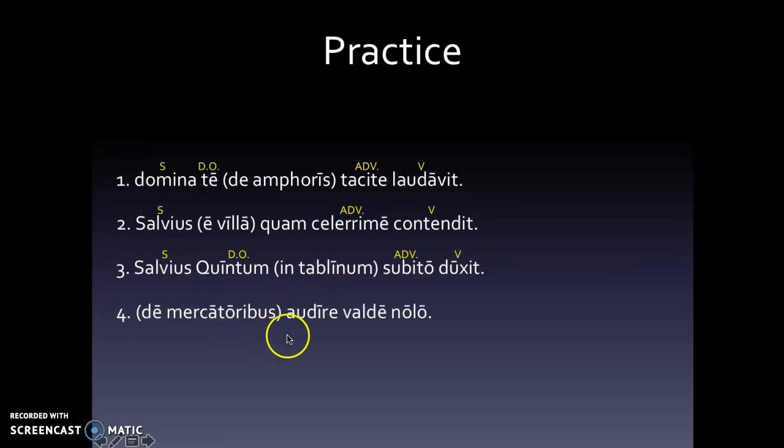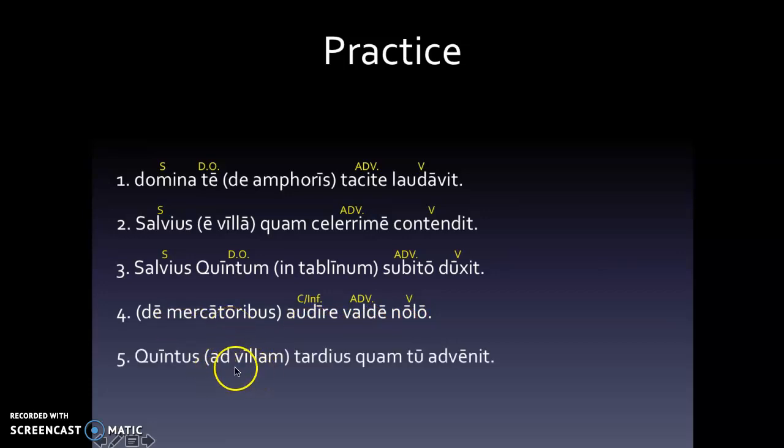Got a prep phrase here, got a complementary infinitive, an adverb, and our main verb. So I really want to hear about the merchants. We've got a prep phrase here, we've got a nominative for our subject, we've got an adverb, we've got a quam, and then we've got the thing that is going with the quam.